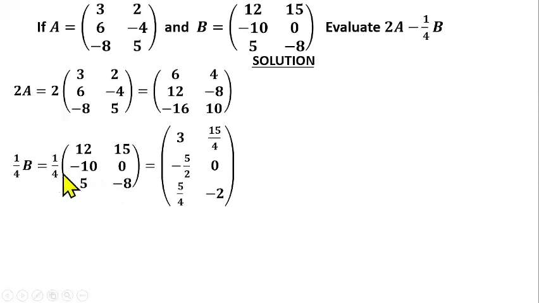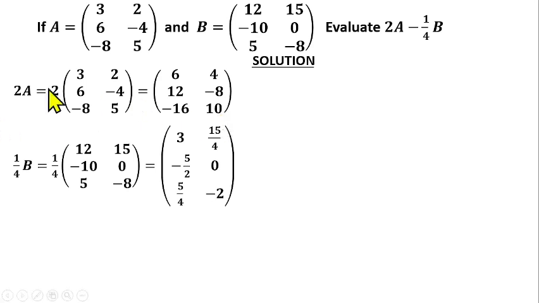So 1 over 4 times 12 gives us 3, because 4 goes into 12 three times. 1 over 4 times 15 gives us 15 over 4. 1 over 4 times minus 10 gives us minus 5 over 2, because 2 goes into 4 and 2 goes into 10. 1 over 4 times 0 gives us 0. 1 over 4 times 5 gives us 5 over 4. 1 over 4 times minus 8 gives us minus 2. Do you understand that?